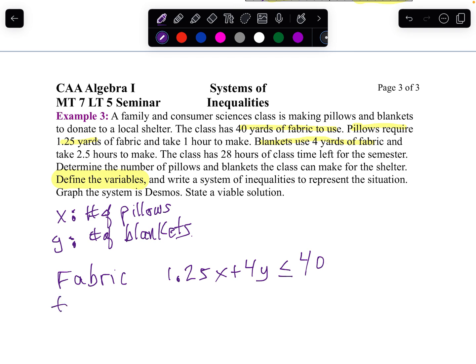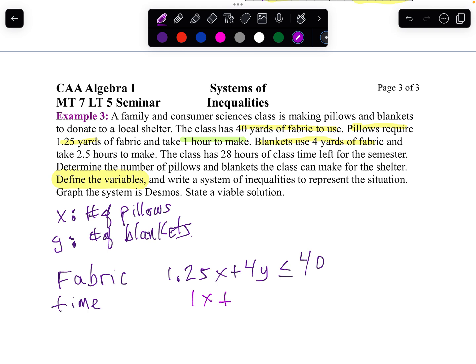Then let's look at an inequality for time. So when I look at time, we know pillows take 1 hour. So I'll say 1x. I don't know if we need to write the 1, but I'm going to.